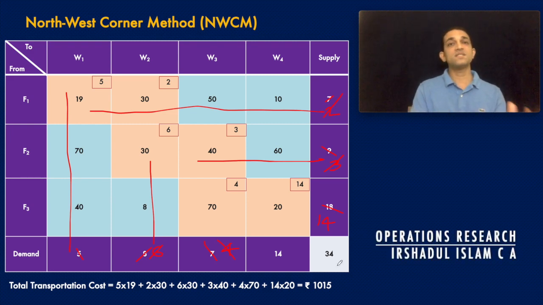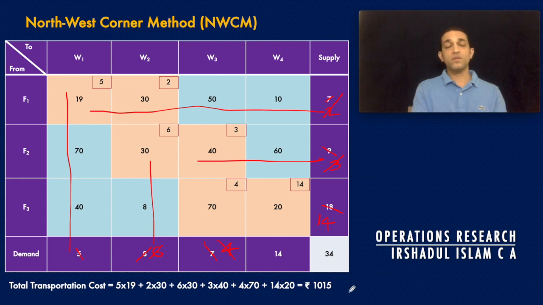So this is an initial basic feasible solution by the northwest corner method, and we have to calculate the total transportation cost in this case. So just calculate 5 into 19 plus 2 into 30 plus 6 into 30 plus 3 into 40 plus 4 into 70 plus 14 into 20.